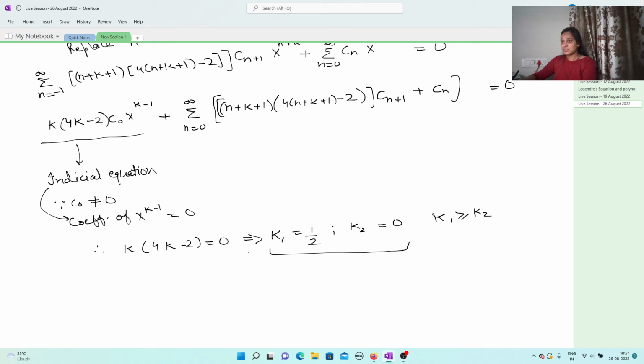Now we have solved this. Now what we need is to find the recurrence relation.